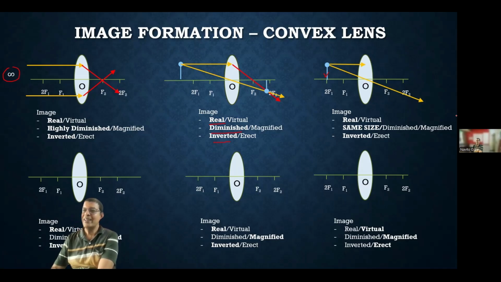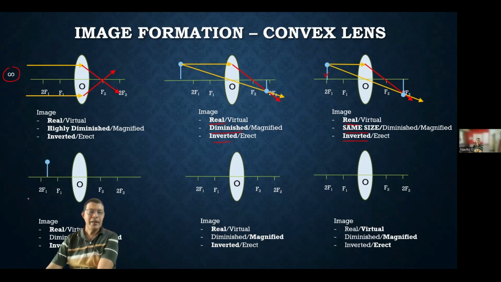We have to see how they refract. This parallel ray will refract, and the other ray will go straight, undeviated. So the image is formed at 2f2. You can imagine this 2f1 or 2f2 like the center of curvature of a mirror. You can relate it likewise. Here the image is real, same size, and inverted.